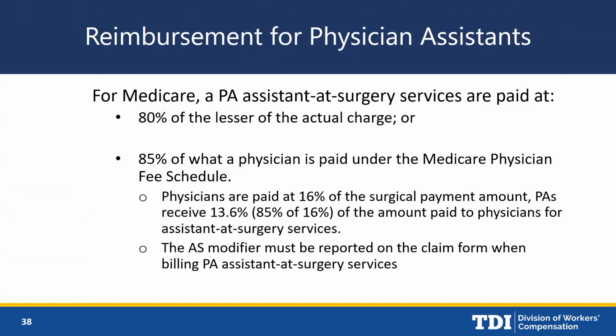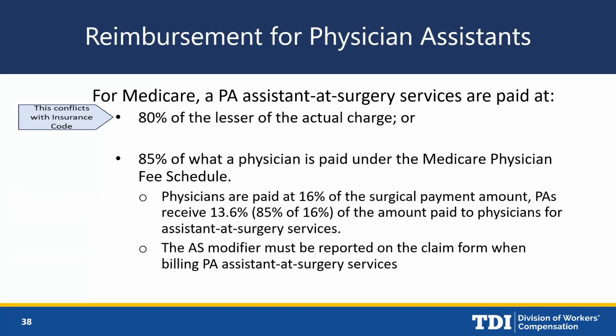So if your PA is performing assist at surgery services, the Medicare Claims Processing Manual also says 80% of the lesser of the actual charge or 85% of what a physician is paid under the Medicare system. This part conflicts because it's not the same as how your physicians are paid. If it's assist at surgery, physicians are paid at 16% of the surgical amount.